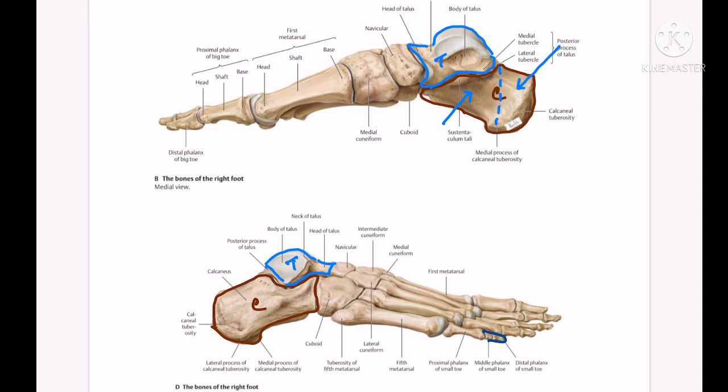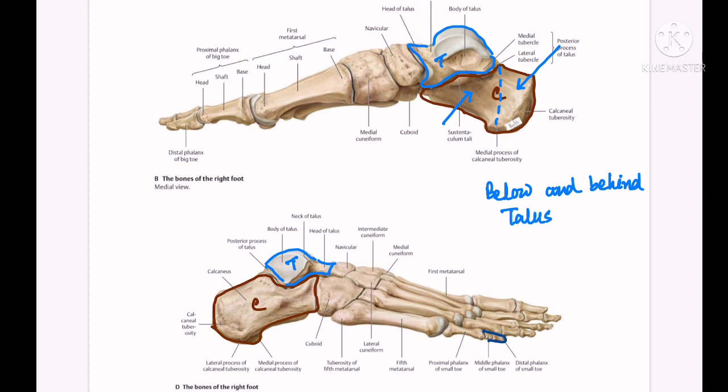So the exact location of the calcaneus is to be described like this: calcaneus is present below and behind talus. That will be the correct explanation.